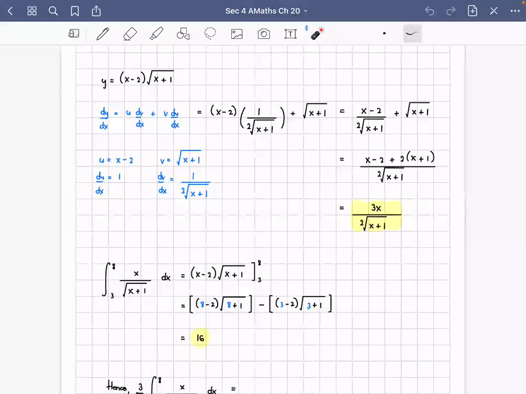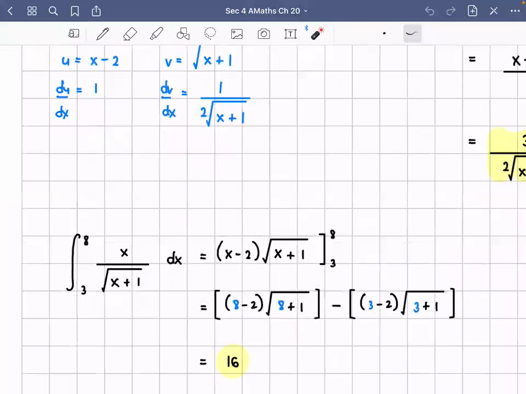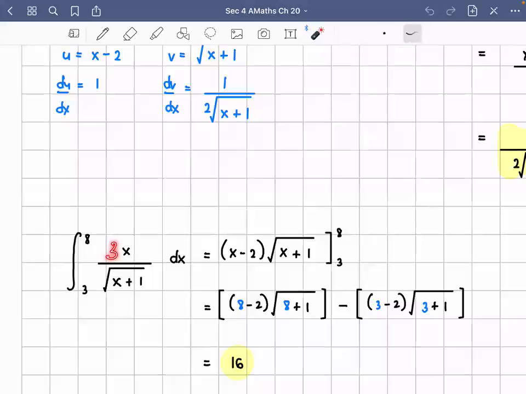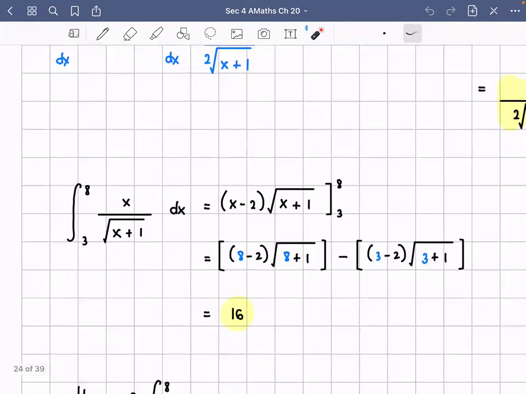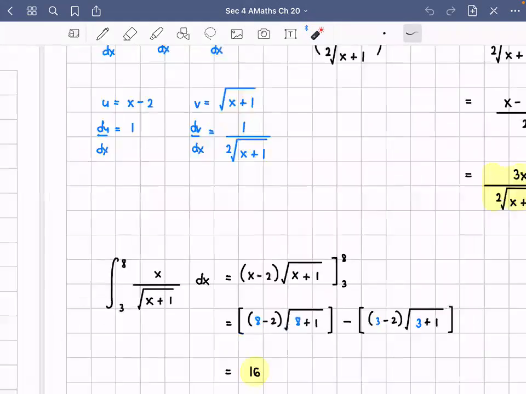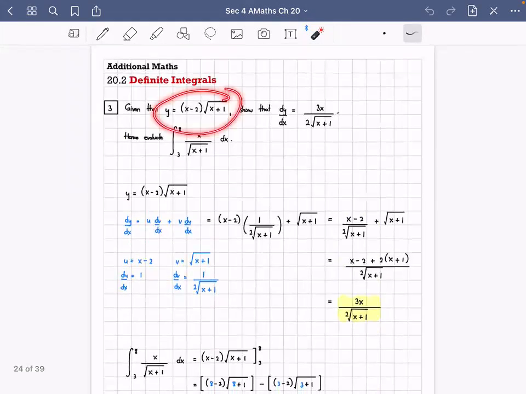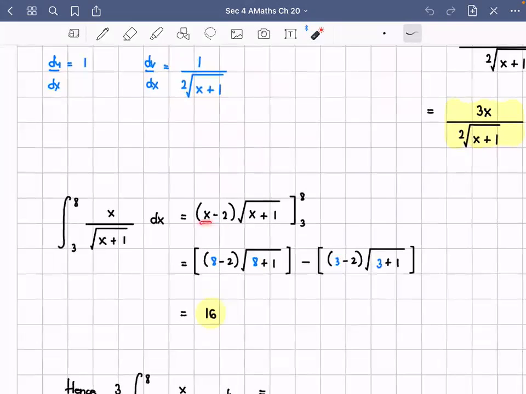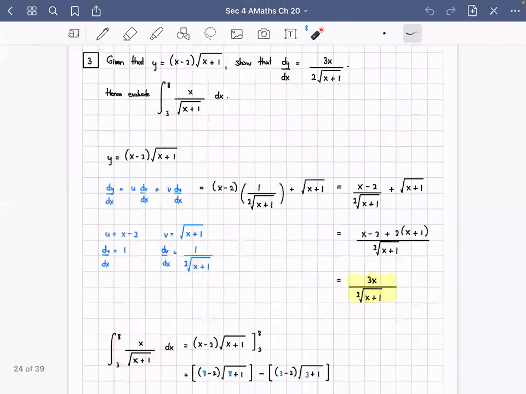Actually, the question in the book is, so this should be 3x over 2. Anyway, let's answer this now. So we just go back to our question here. So we have this x minus 2 times root of x plus 1, because this is the reverse of this one, right?